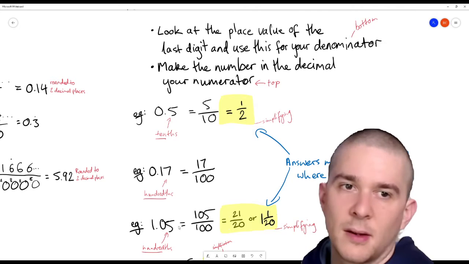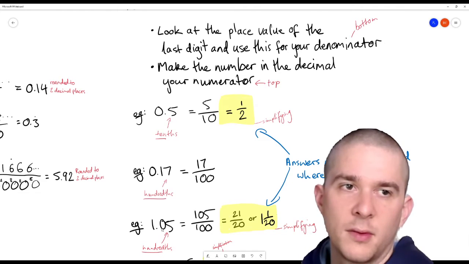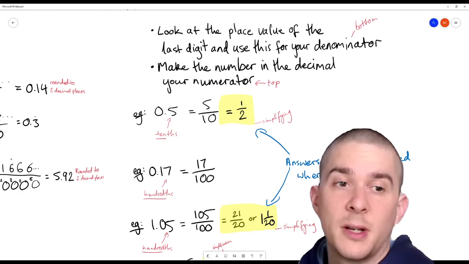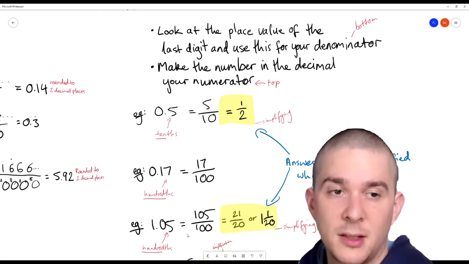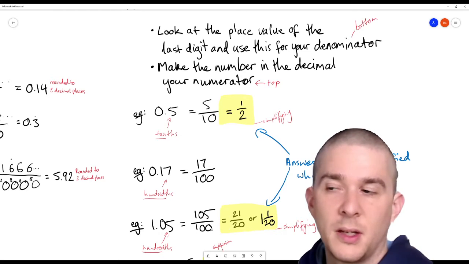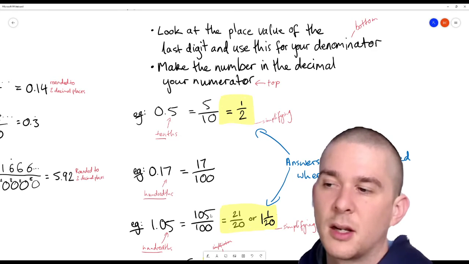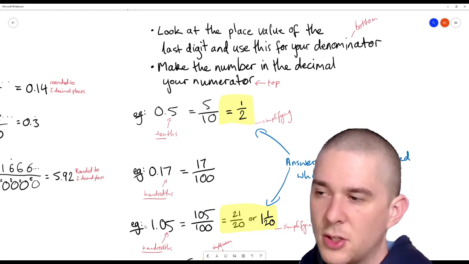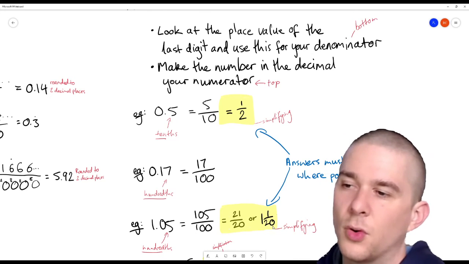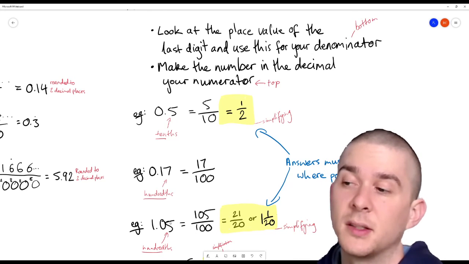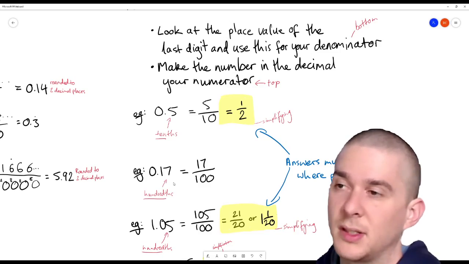So here, that's a 5 in 1.05. And we use that as our denominator. So the last digit is a 5. It's in the hundredths place. So we put 100 as our denominator. And then this 105 comes from just reading the digits in order, 105. This is 105 hundredths, or 1 and 1/20th, because 0.05 is 1/20th.